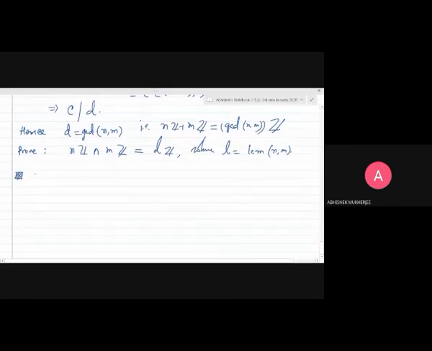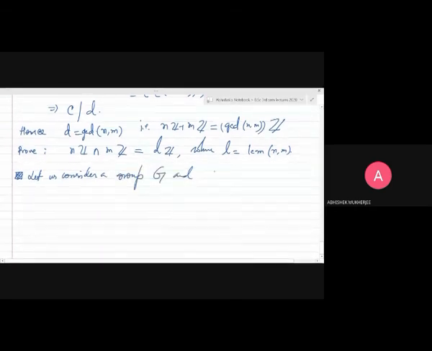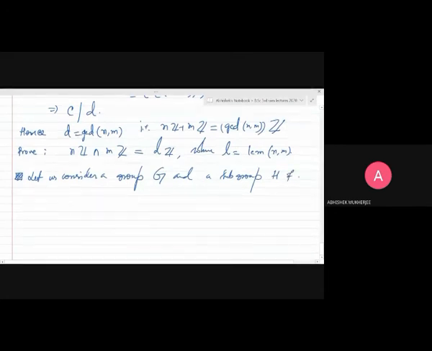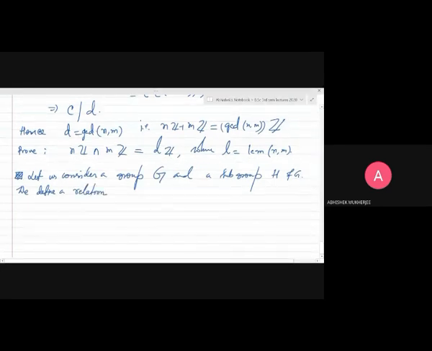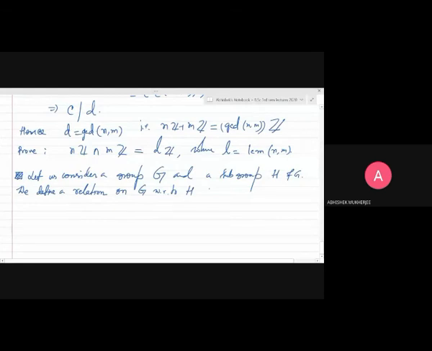Let us consider a group G and a subgroup H of G. We define a relation on G with respect to H by the following.